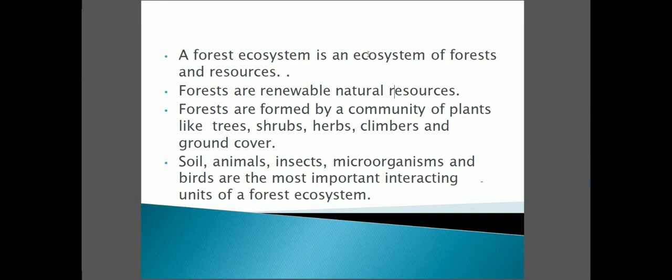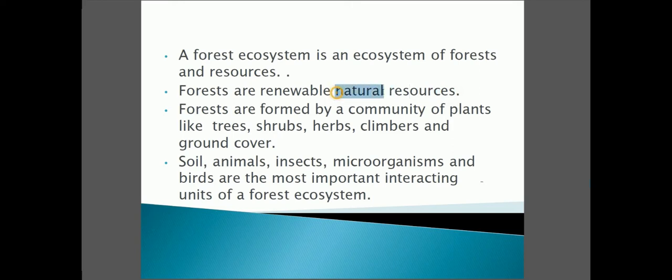They require carbon dioxide for respiration, and they mostly take up carbon dioxide and other toxic chemicals from the environment. They are also very important natural resources.